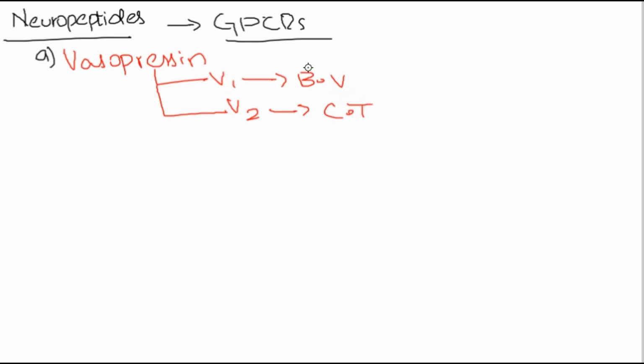Whenever V1 are activated, they cause constriction of the vascular system, while V2 cause reabsorption of water. V1 are present on blood vessels, they cause constriction of blood vessels when activated, while V2 are present on the collecting tubules in the nephrons of the kidneys, they cause reabsorption of water.